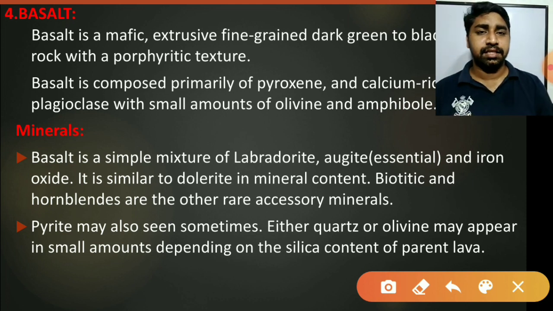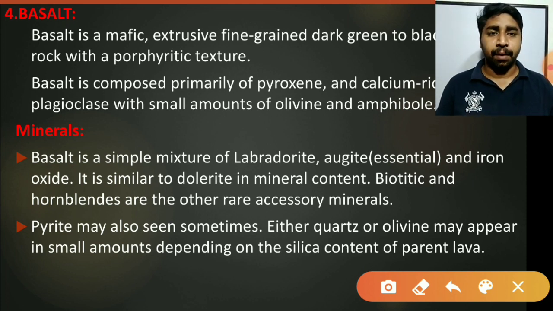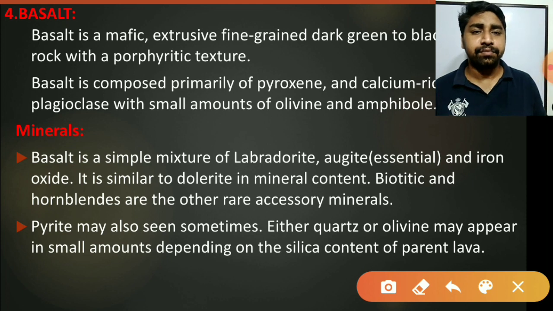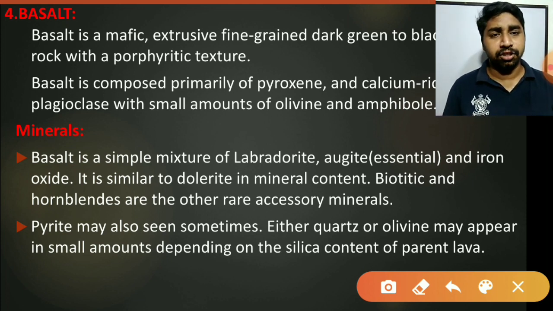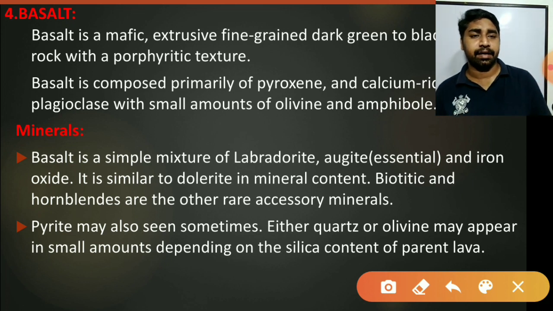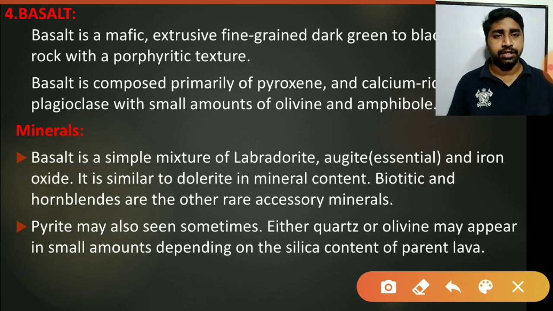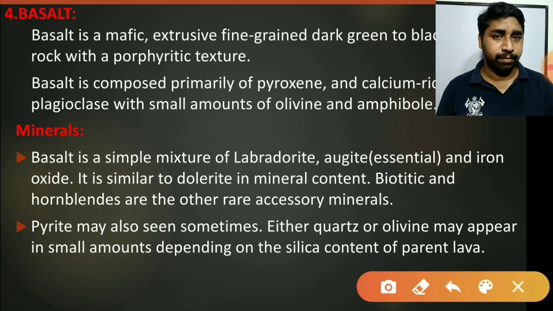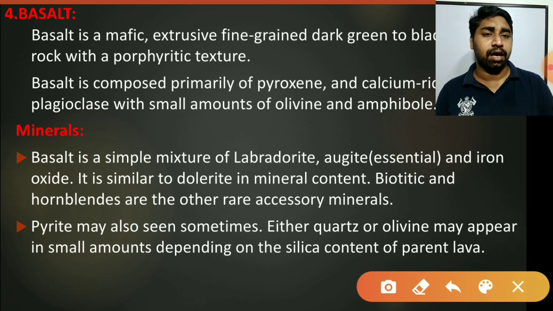Labradorite and augite are the two main ones; augite is the essential mineral, and iron oxide is also present. The mineralogical composition is the same as in dolerite. Biotite and hornblende occur as rare auxiliary minerals.